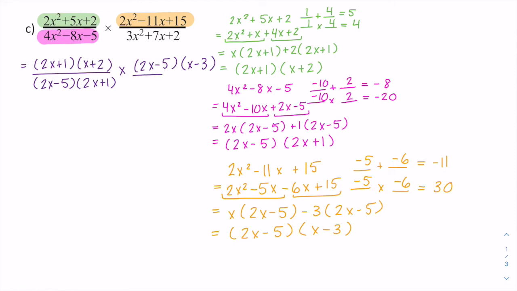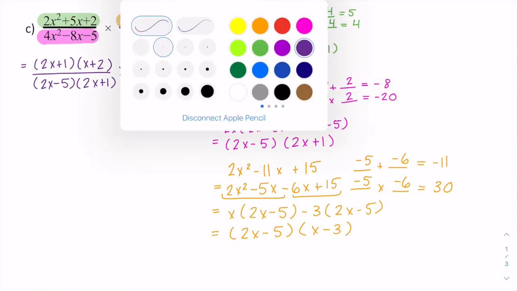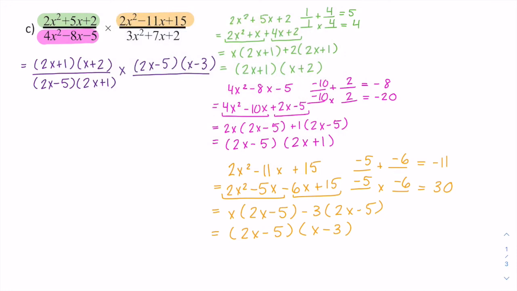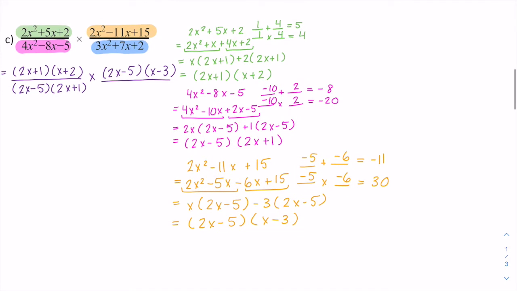Okay, one more to do. So this last one we'll do in blue. And I'm just going to do it over here because I'm running out of room. So we have 3x squared plus 7x plus 2. And that will give us two numbers that add to 7 and multiply to 6, 1 and 6.